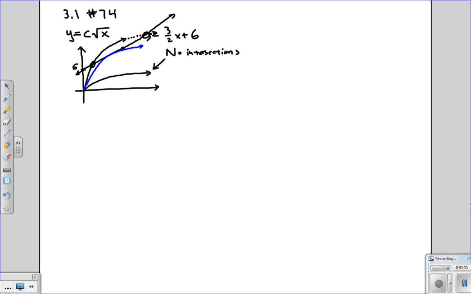So let's see if we can solve it algebraically then. So we set c times square root x to be equal to 3/2 x plus 6.